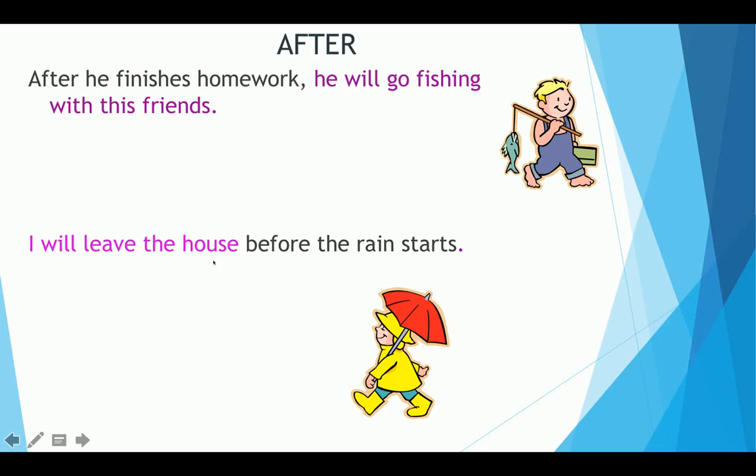I will leave the house, this is the main clause, a complete thought, before the rain starts. Before the rain starts would be our adverb clause of time because it indicates when, and you have a subject, you have a verb, and you also have this word here that shows that only this chunk is incomplete, so it depends on the main clause.